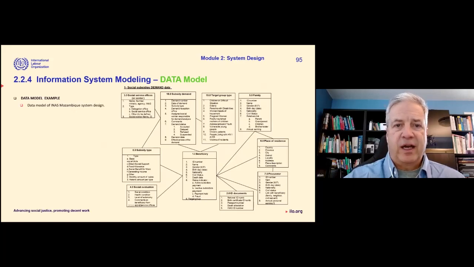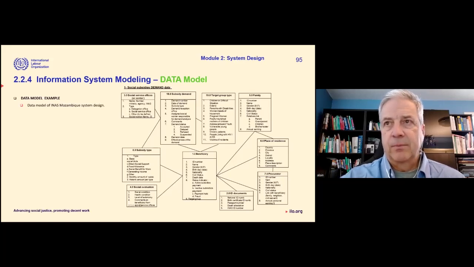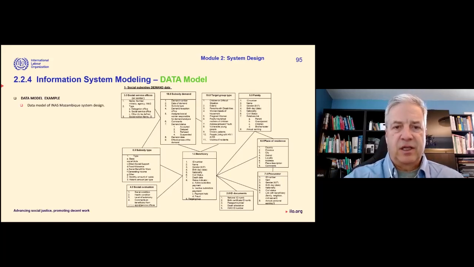So what do we find? Essentially, this information comes from a form. On the form, you will have information about the beneficiary himself. That's the box in the central part of the diagram called beneficiary 1.0, and you see all the data elements that are there. For example, the first element is the ID number.